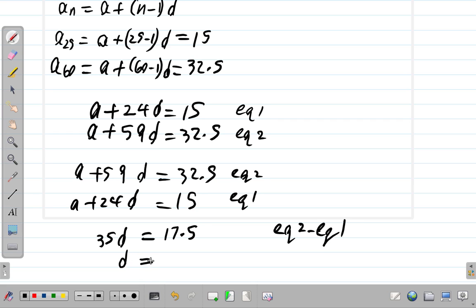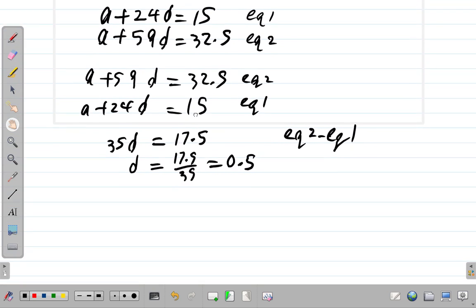For D, divide both sides by 35. 17.5 divided by 35 is equal to, what do you get? 0.5. Alright? So, this is the common difference. Now, you know that is 0.5.